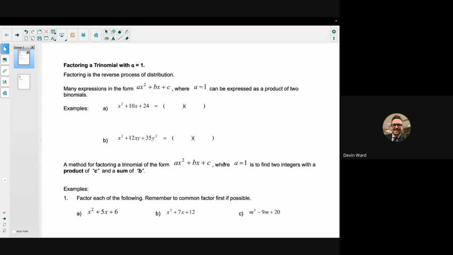Okay, so how do we factor this? Factoring is the reverse process of distribution or expanding. It's the same thing, just opposite. So expressions in the form of ax squared plus bx plus c, where a equals 1, can be expressed as a product of two binomials.